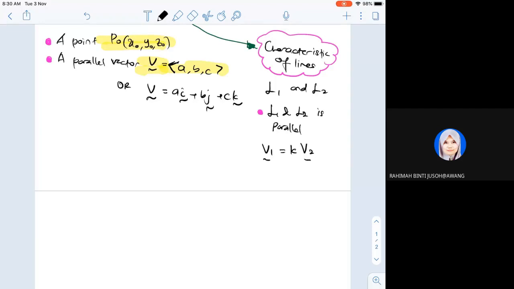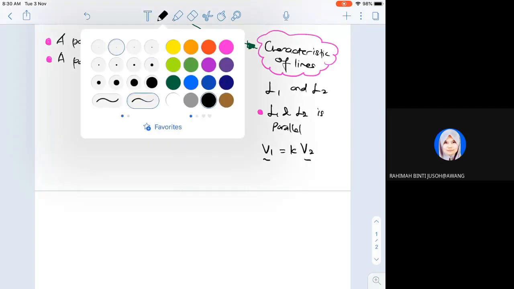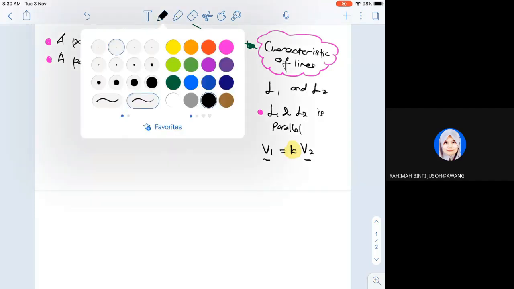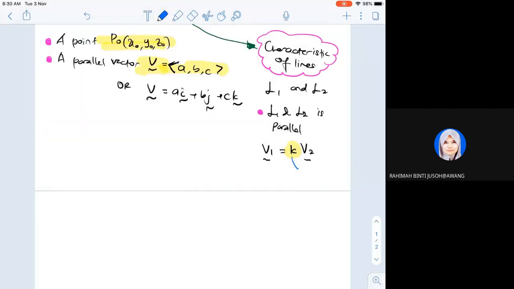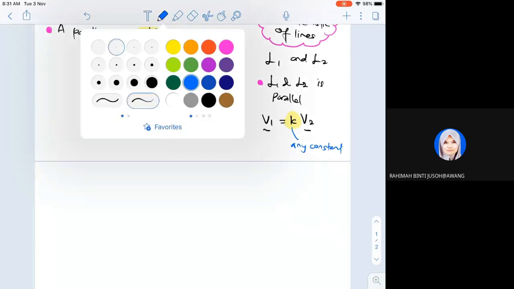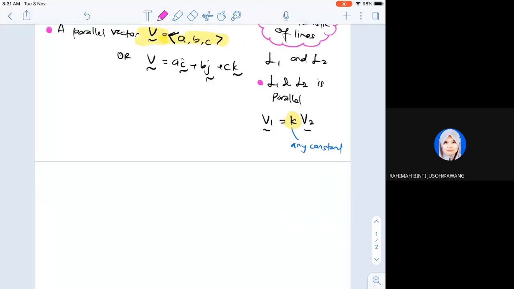This is to test whether the first line and the second line are parallel. K can be any constant, guys.